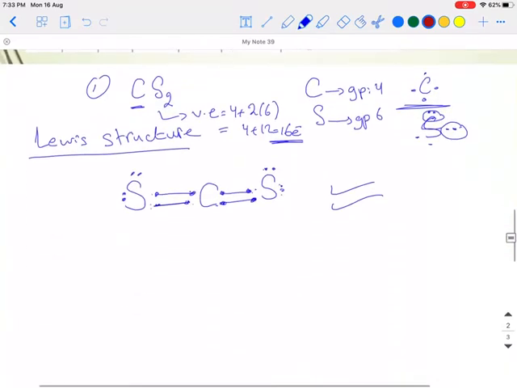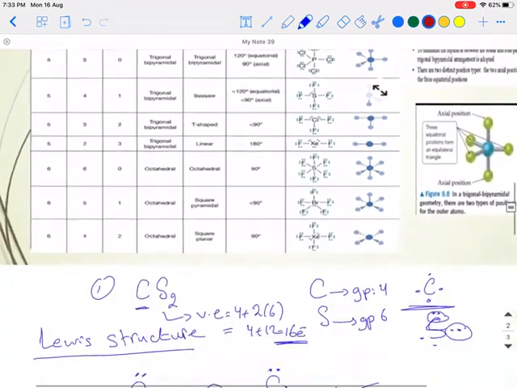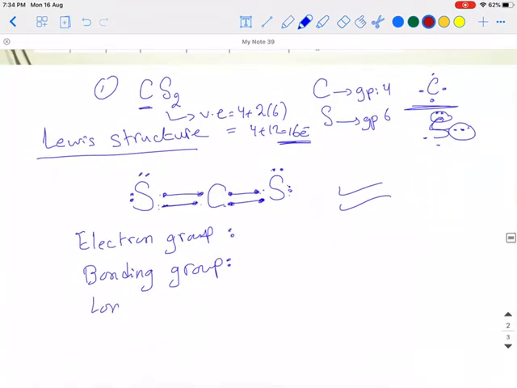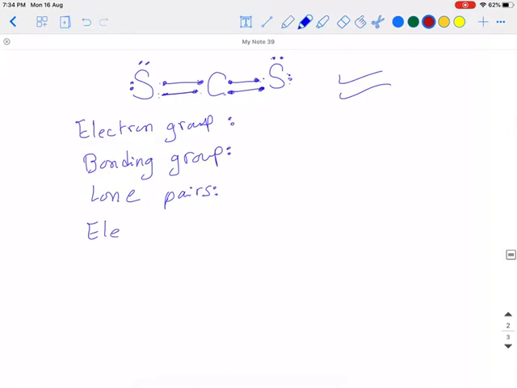This is the drawing. I will answer which electron group it is, and then the bonding group. We will answer all these things: lone pairs, and then electron geometry, and then molecular geometry.